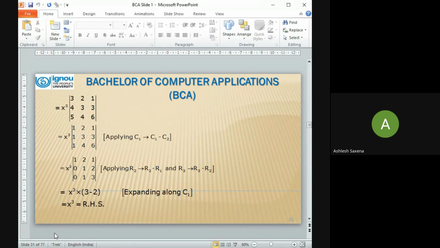So it's better to reduce it to 0, because the theory itself says try to reduce the maximum number of elements to 0. And in the last step, open across column 1, because in that particular row and particular column, 2 elements are 0.